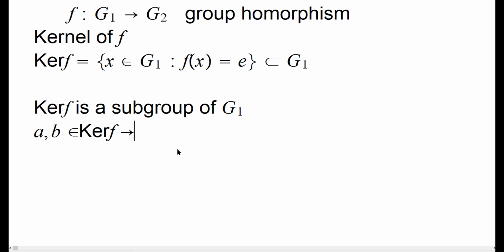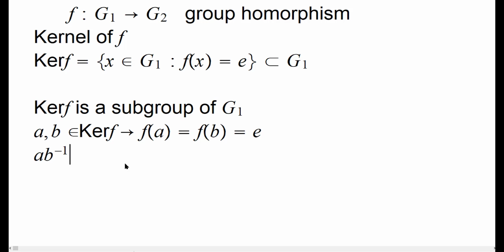So let's just go for it. This means that f(a) equals f(b), and both of them are equal to the identity in G2. Now a b inverse is going to be in the kernel.